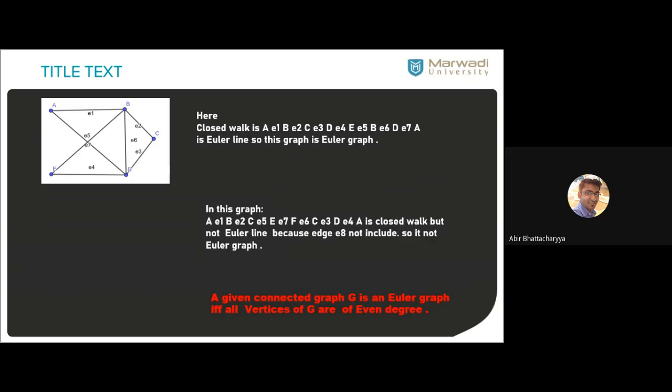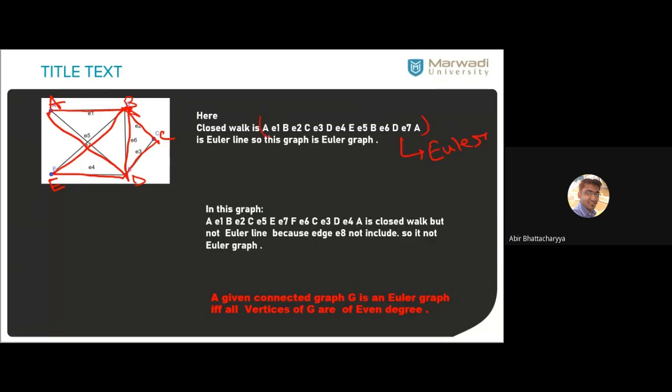Let's say this is A, B, C, D, E. Now, the closed walk: A, then E1, B, then E2, C, then E3, D, then E4, E, then E5, B, then E6, D, then E7, A. So this walk is a complete Euler line.